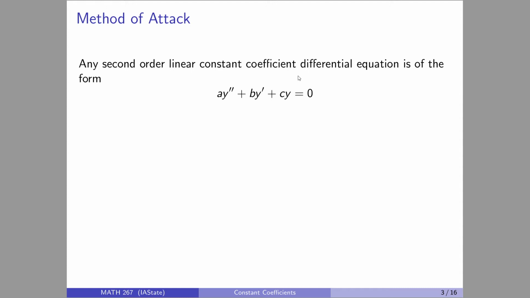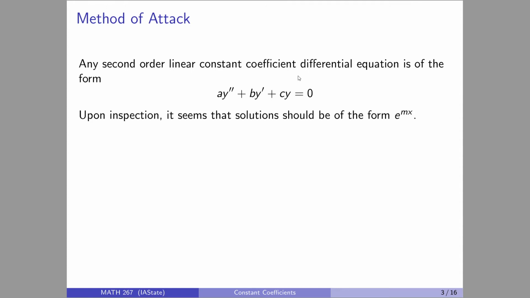I need to find a function so that when I take its derivatives, scale them up, and add them together, I get 0. So I need the function's derivatives to not look too different than the original function. Right? Because I'm going to scale and add them all up, and I need to get to 0. So the derivative of y and the second derivative of y can't deviate from y too much.